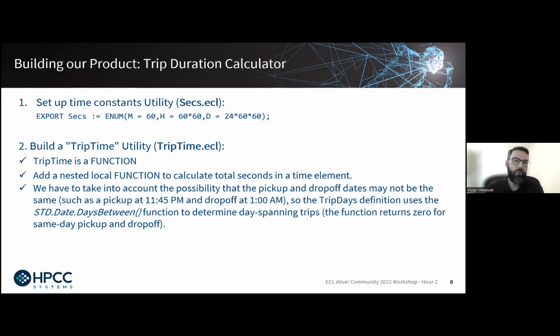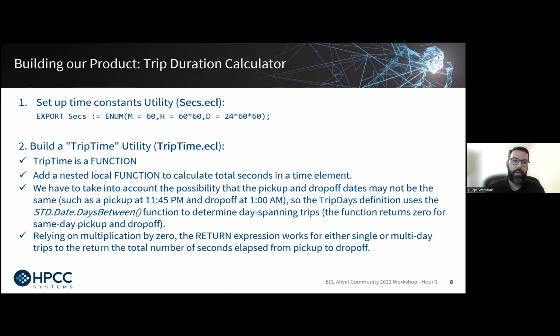And why are we so concerned about calculating the amount of time in seconds? Basically, because we want to take into account the possibility of a taxi trip being made between a very late hour in a day, like 11:45 p.m., and the drop-off being very early the next day, like 1 a.m. So the trip days definition uses the standard days between function to determine days spent in trips, and that will help us with that calculation.